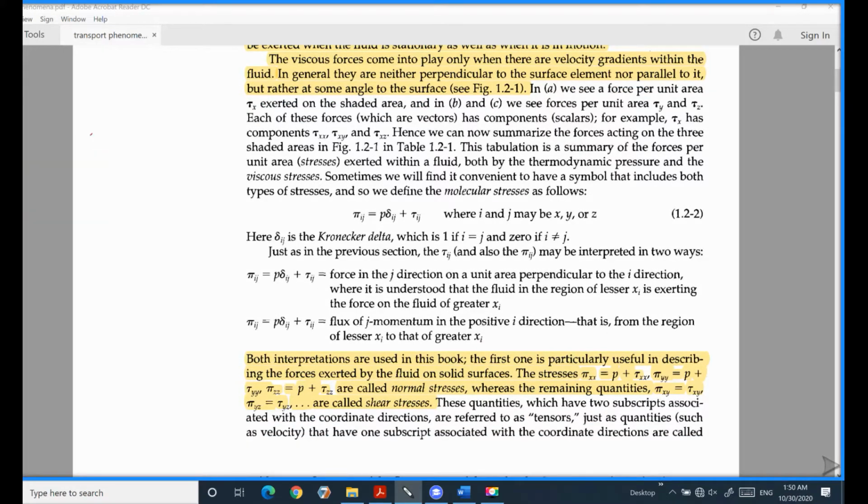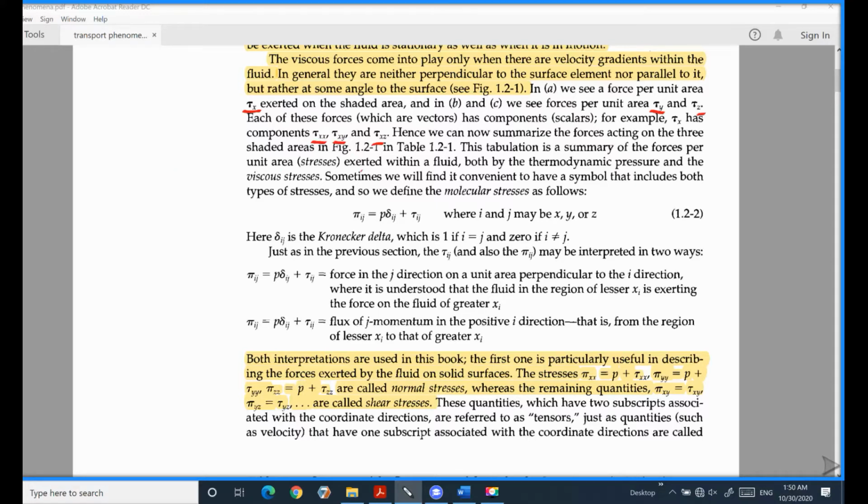we define all these forces acting per unit area, that one, and also that one. Each of these has components, these three components.